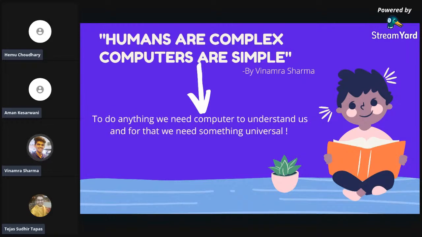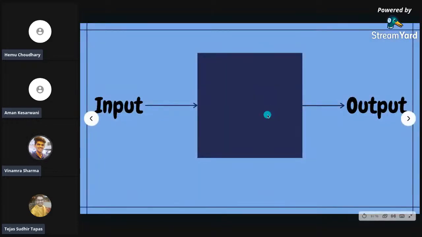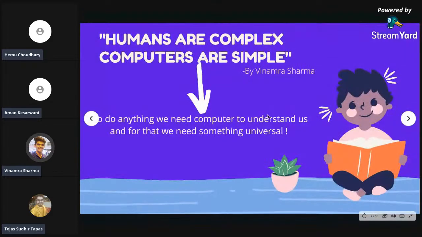Now, as we previously discussed, everything is based on input. So, to do anything, we need the computer to understand us. For that we really need something universal. As you all know, we are all different in some way. I might be good in English, bad in Hindi, or might not know German, but there might be people who know various languages and various things.